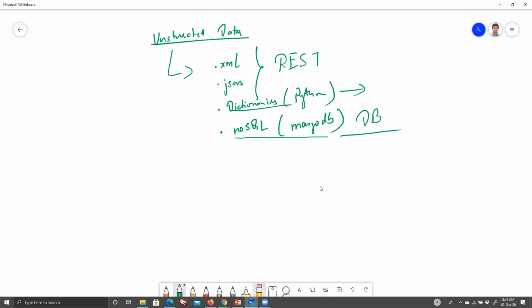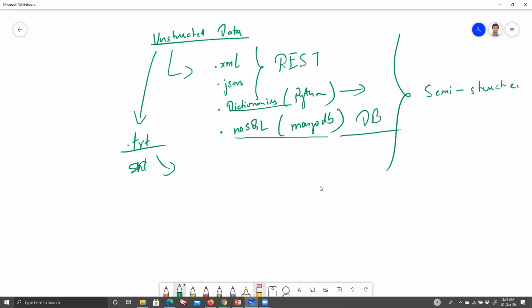If you truly want to understand what an unstructured data set is, it could be a simple TXT file itself. It could be HTML, not HTML actually, even HTML has a structure. So proper text files or some flat files can only technically be called unstructured data sets. The moment you put them in any data structure, you have put them in a structure. So all of them actually happen to be semi-structured. You are right in that observation.